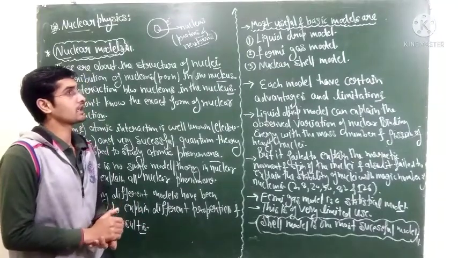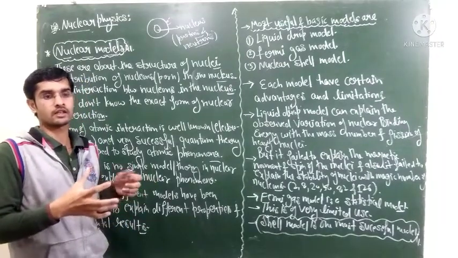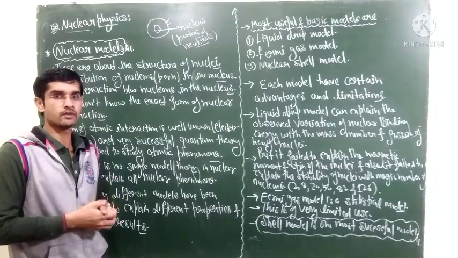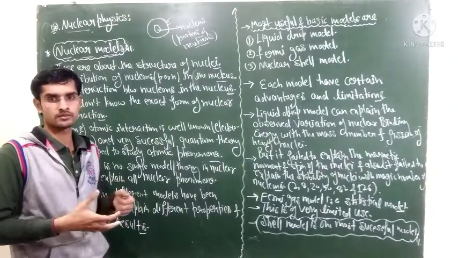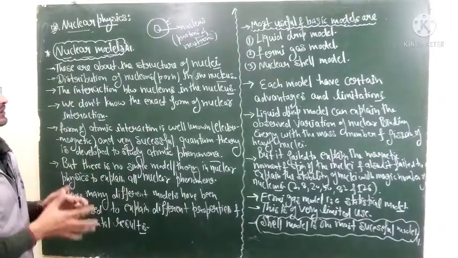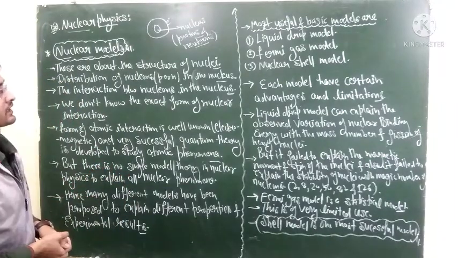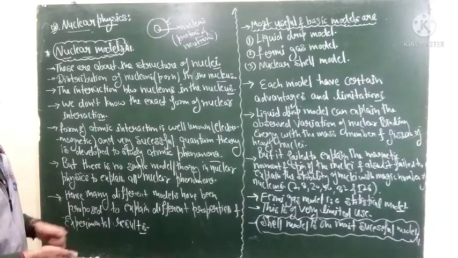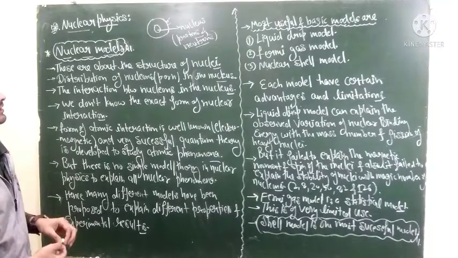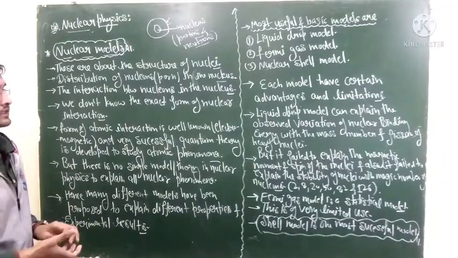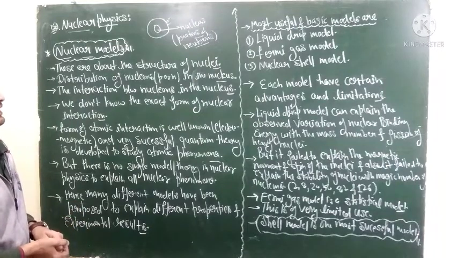If we can assume nuclei to be a drop of liquid, there must be some motivation behind that, some physical benefits of assuming nuclei as a liquid drop. We will see those assumptions and the implications of assuming nuclei to be a drop of liquid.